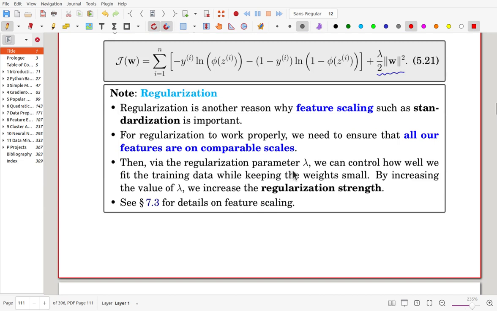Here, by choosing lambda, we can control the regularization strength. If you choose a large lambda, then the regularization strength is increased. If you choose a small one, then it approaches the optimal value for the original objective function.